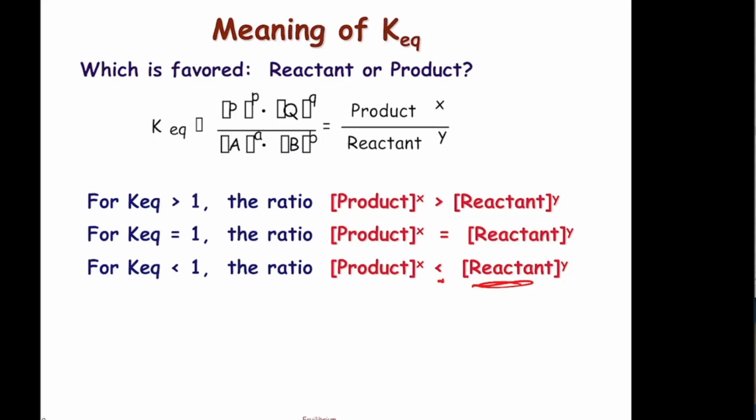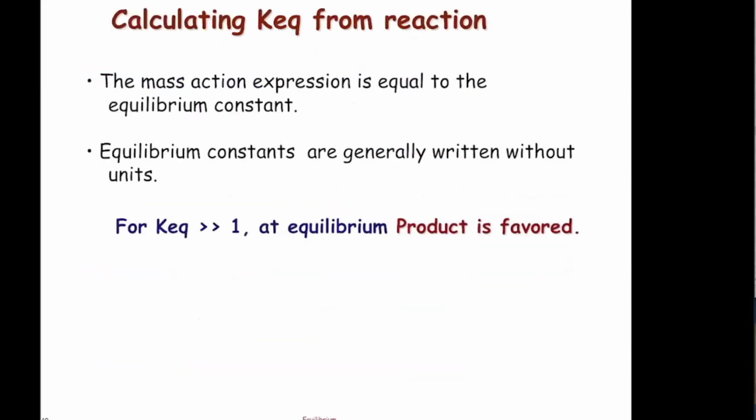Okay, so again, K equilibrium is an indicator of efficiency. When the number is huge, you're very efficient in forming product. When the number is small, you're very inefficient in forming products. Most of it is reactant. Okay, so that's what we mean right here.